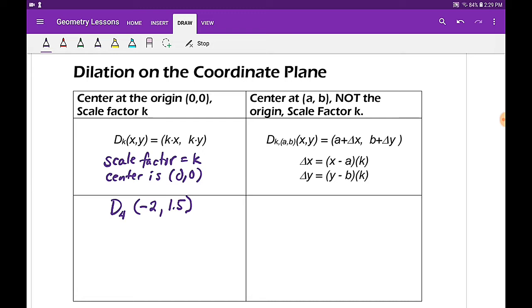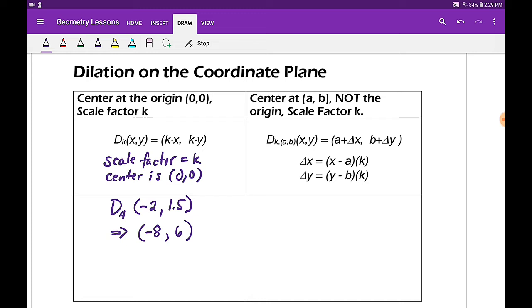So what's the scale factor? The scale factor is 4. So now the result of this dilation would be just 4 times negative 2, which is negative 8, and 4 times 1.5 is equal to 6. Very good, you're very good with your math. You can multiply.